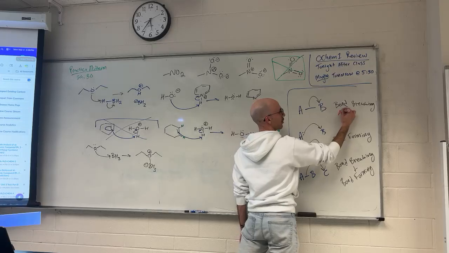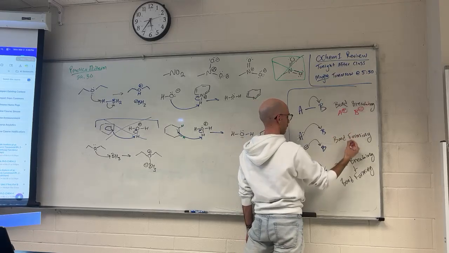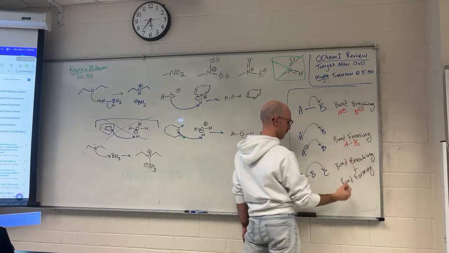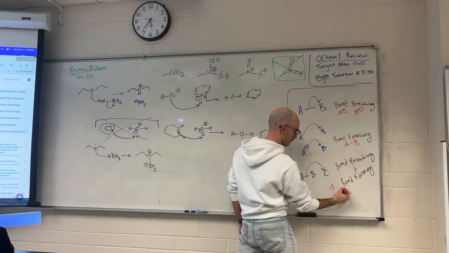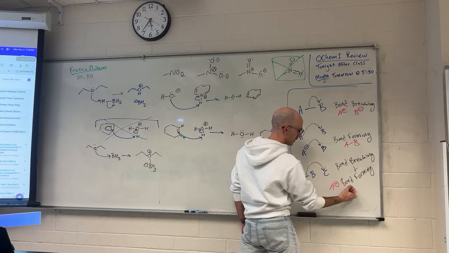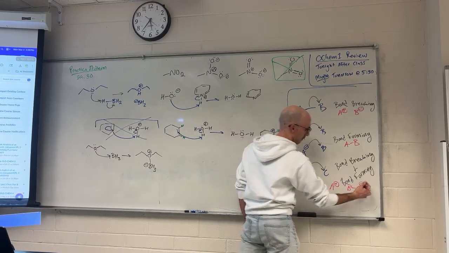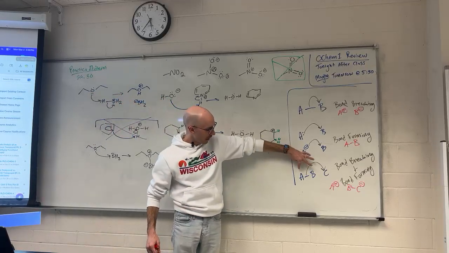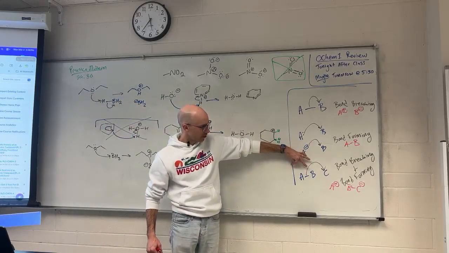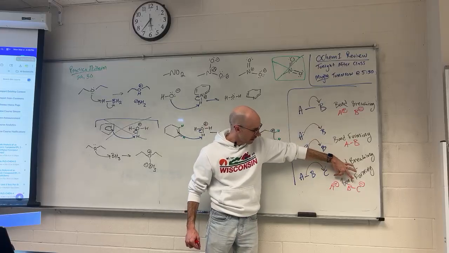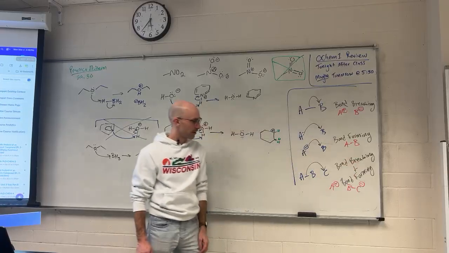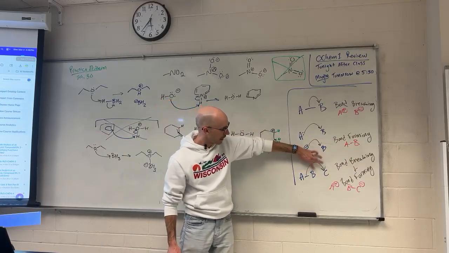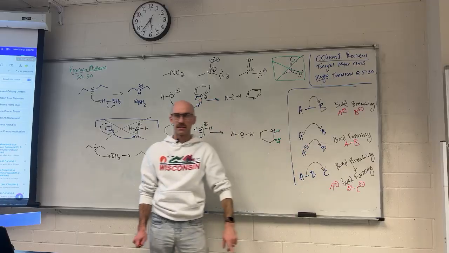By the way, let's show what some of these products are. This one's hard to say because it doesn't really have a right answer. I don't know whether A or B is taking the electrons until I see it in the next step. But here it's obvious that B has taken the electrons and A has not.